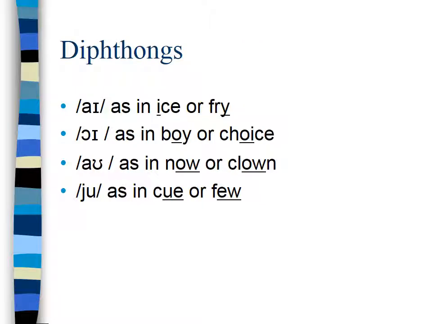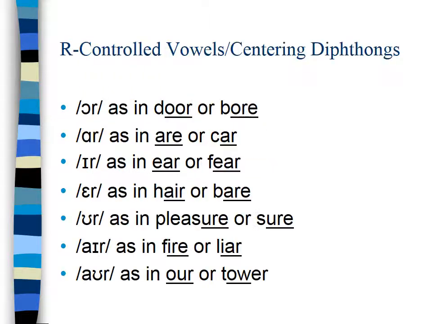In diphthongs, examples here are ice, oi as in boy, ow as in now, and u as in q. Then we have R-controlled vowels.